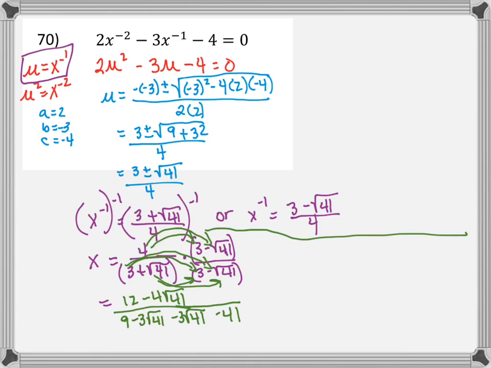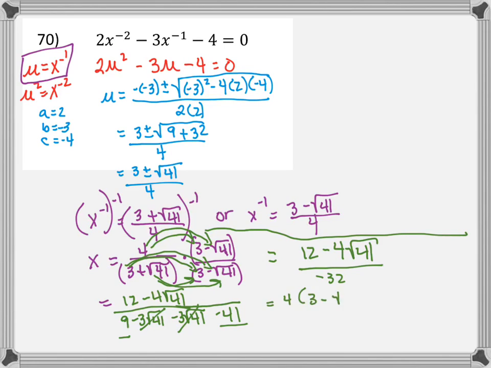Simplifying, I'm drawing the line because I'm not looking at the second equation yet. We're still working on finishing this first one, and I didn't want it to look like it was combined. So here we have 12 minus 4 radical 41. Combining like terms, the radical terms cancel out, and then we have 9 minus 41, which is negative 32.